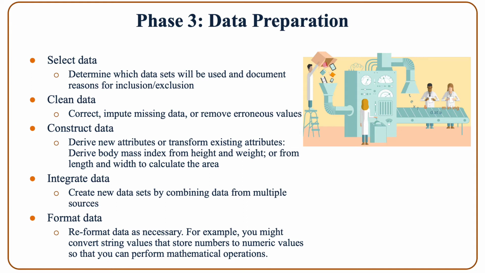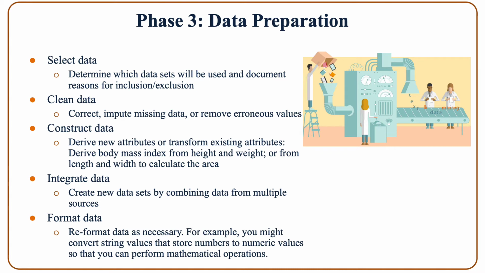You would determine which datasets will be used and document reasons for inclusion or exclusion of the data. You will then clean data. Basically, what you do is to correct data, impute missing data, or remove erroneous values. This usually is the lengthiest task, and remember, if you have garbage in, you have garbage out.